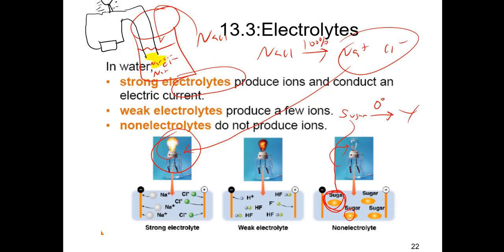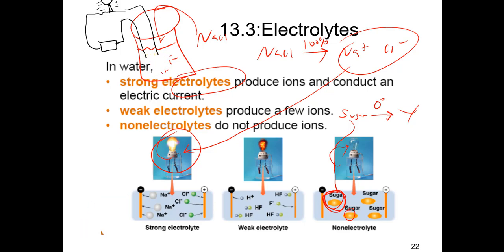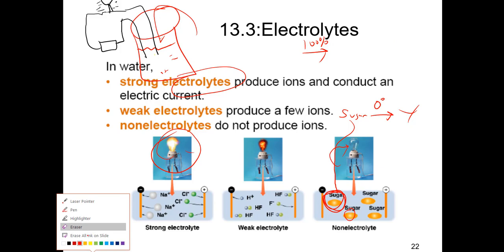Now, there are these in-between molecules called weak electrolytes, and they really can't make up their mind. So for example, the best example is hydrogen fluoride.